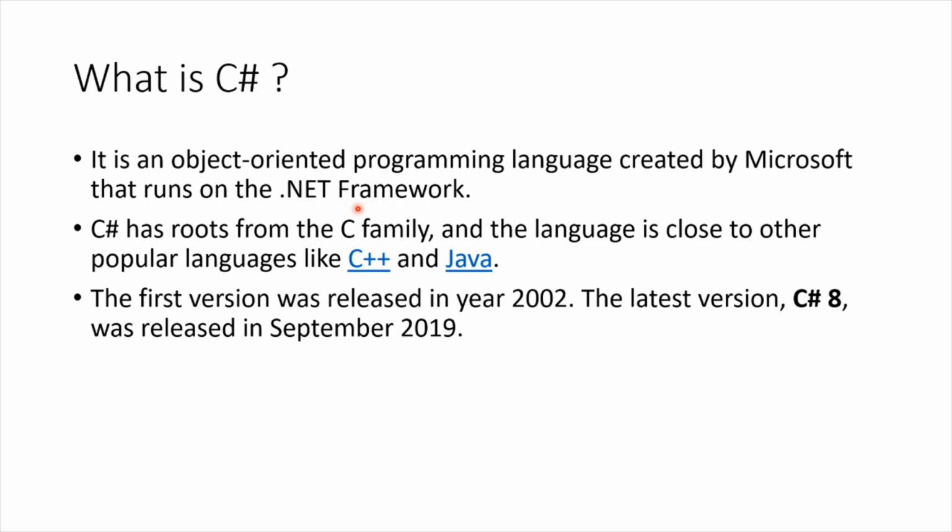If you know C, it is an event-based programming language, and C++, Java and C Sharp are object-oriented programming languages. We will talk about this later in the next tutorials. For now, just think like this. The first version of C Sharp was released in 2002, and the latest version, C Sharp 8, was released in September 2019. I already have another video on C Sharp 8. If you are interested, please watch it. You will find it in my playlists.